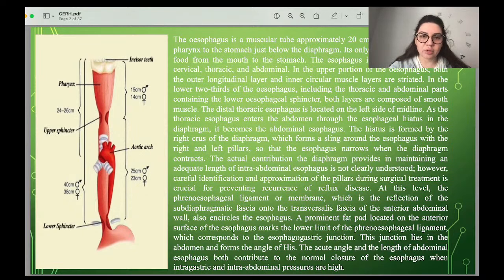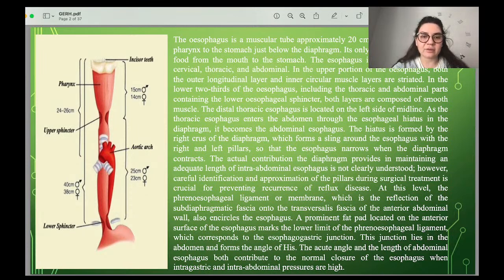The actual contribution the diaphragm provides in maintaining the adequate length of the intra-abdominal esophagus is not clearly understood. However, careful identification and approximation of the pillars during surgical treatment is crucial for preventing recurrence of reflux disease.